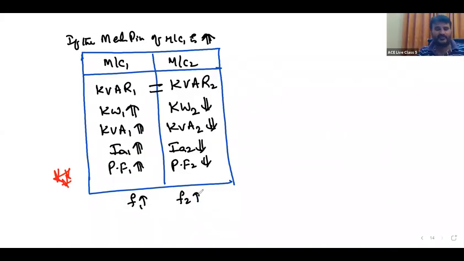But to maintain the same thing, you have to reduce. It is nearly the same; the main change is in the speeds, you know.